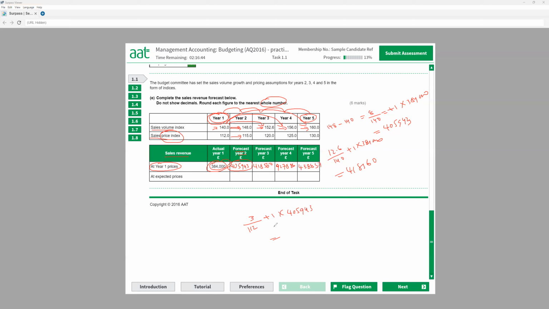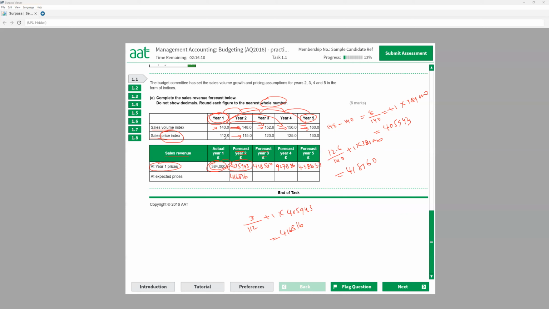So 3 divided by 112 plus 1, times 405,943, will give us 416,816.